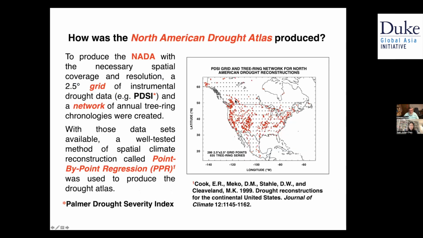Again, it is based on this idea that you take the instrumental drought indices right here in these symbols and the pluses, and use a network of tree ring chronologies that you see right here to reconstruct each one of these grid points of Palmer Drought Severity Index, as it were. I won't go into the mechanics of doing that, but the method I developed back in the 1990s has proved to be extremely effective for doing this.